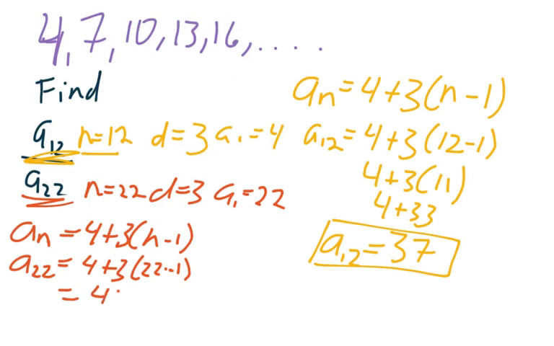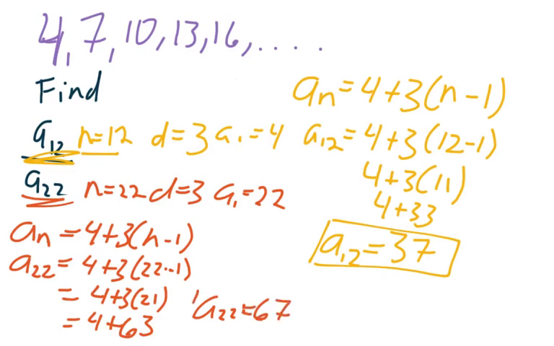So we got 4 plus 3 times 21, 4 plus 63. Our 22nd term is 67. So we can easily find whatever term they ask us to find.